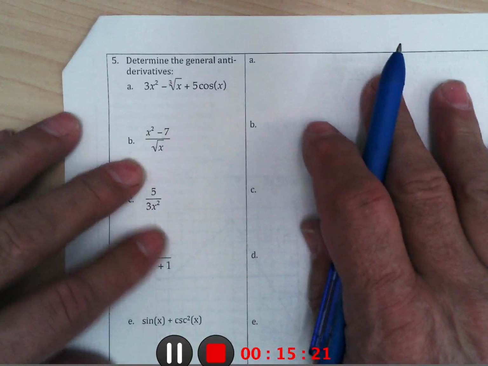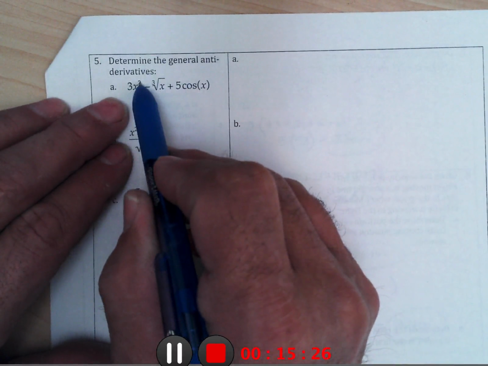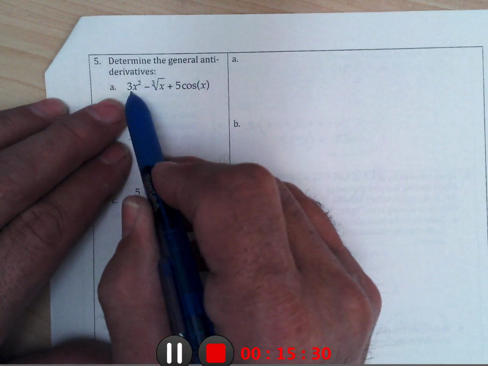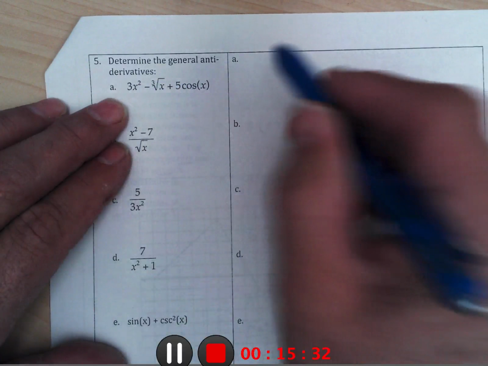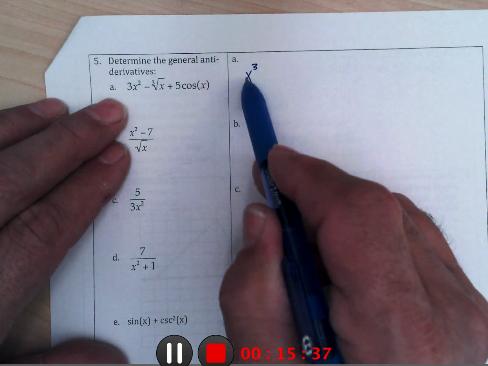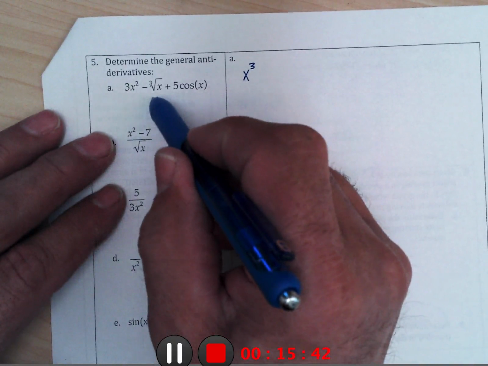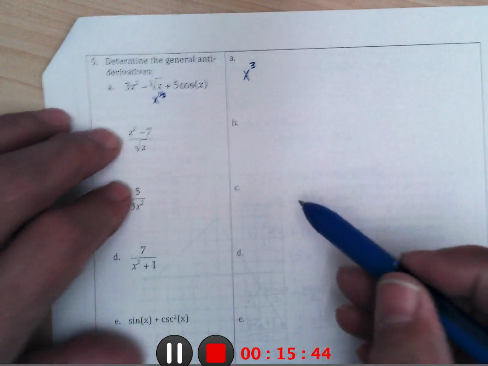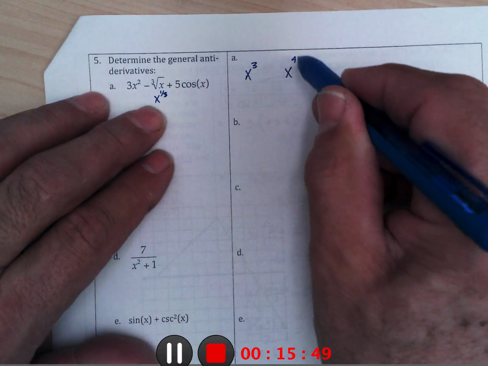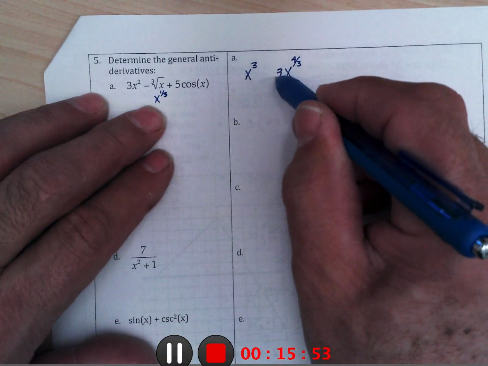5a. So this is a power rule, so you add 1 to 2, which is 3, and we divide by 3. So 3 divided by 3 is 1x to the third. Derivative of this, 3 times x to the 2. That's what we have. This is x to the 1/3, so adding 1 to that is x to the 4/3, and dividing by 4/3 is the same as multiplying by 3/4, and it was a negative.